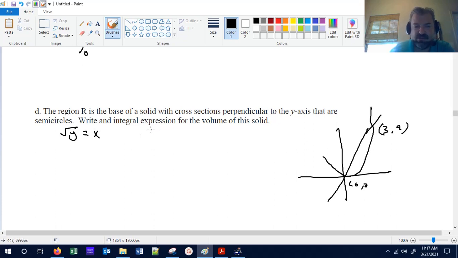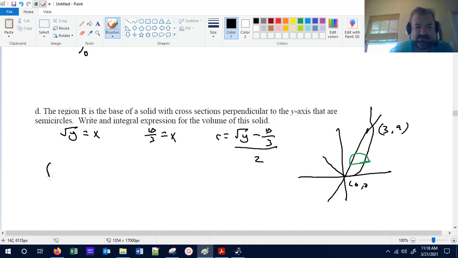Y equals 3x becomes y over 3 equals x. My semicircles are going to be like this. My radius, though, is only half of that distance. So my radius of my semicircle is going to be this outer far right version, which is the square root of y, minus the left curve, which is y over 3, and then that whole thing will be divided by 2.